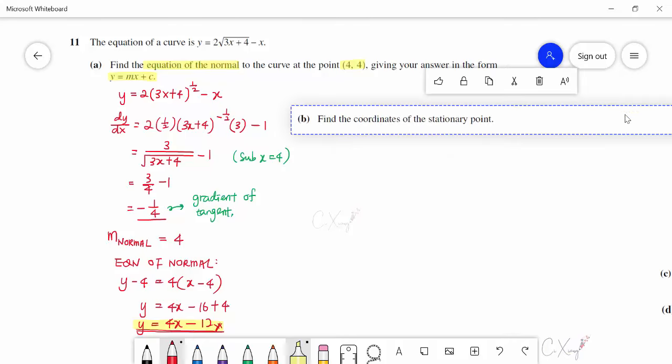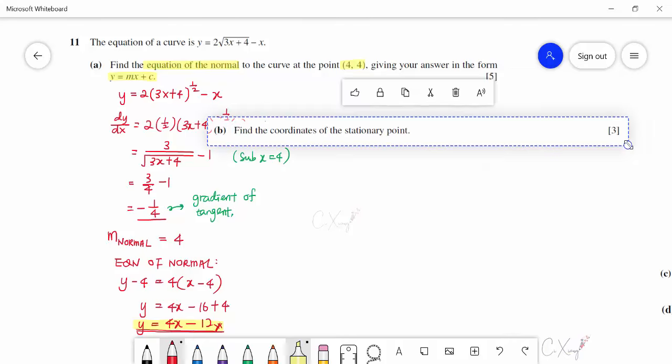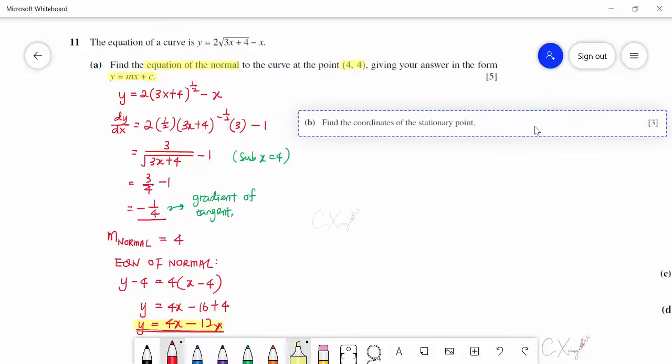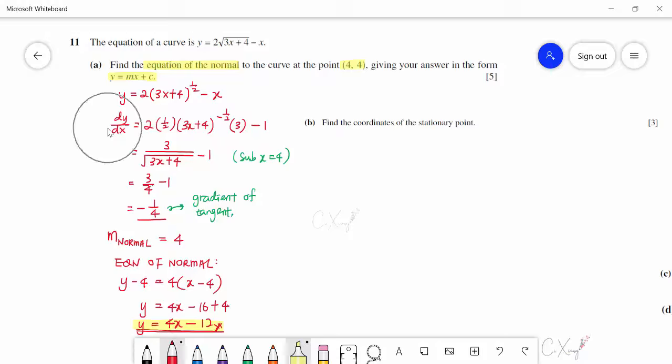Then we continue to part B. For part B, they want us to find the coordinates of the stationary point. To find the coordinates of the stationary point, we let dy/dx equal 0. This is our dy/dx expression. So we let dy/dx = 0, which gives 3 over square root of (3x + 4) minus 1 equals 0.